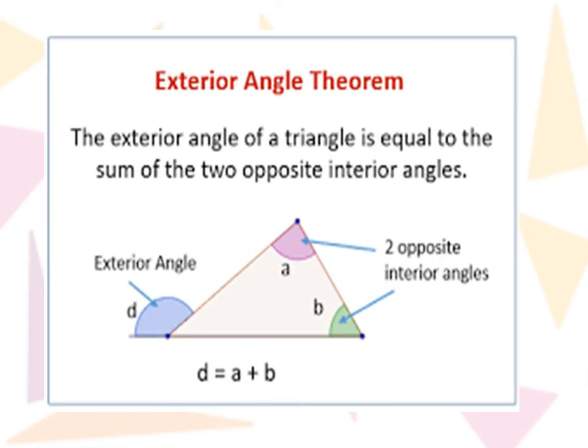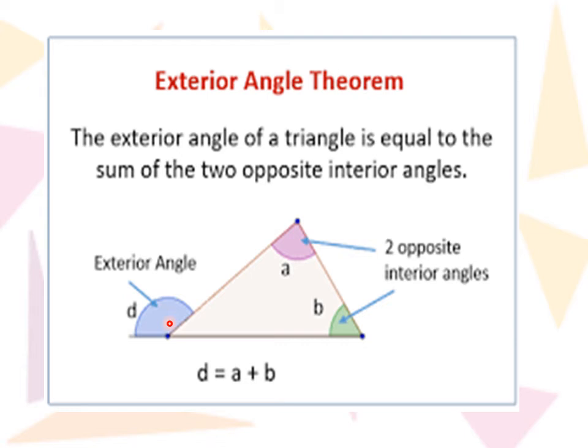Now we are going to see the next property of the triangle, called the exterior angle theorem. What is being said here? The exterior angle of a triangle is equal to the sum of the two opposite interior angles. Like this, we have a triangle, and if one of its edges is extended, then at that point we get another angle which is outside the triangle.